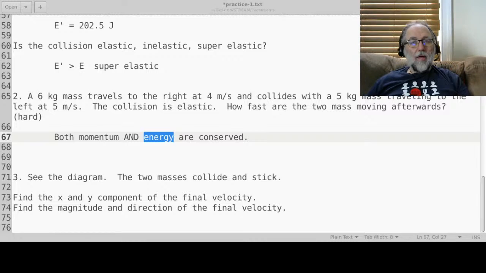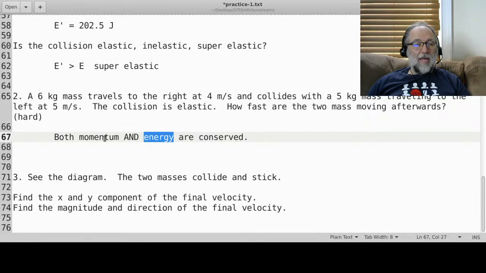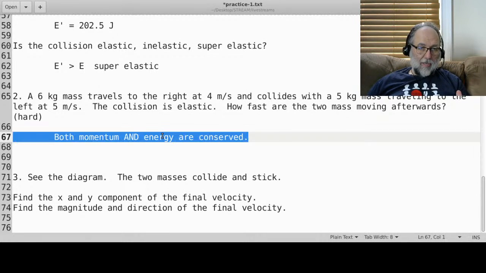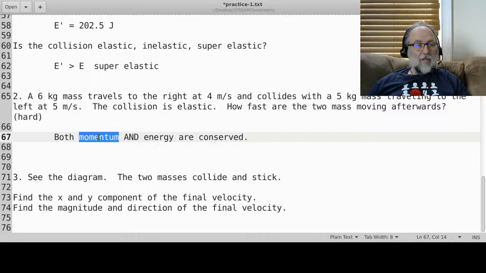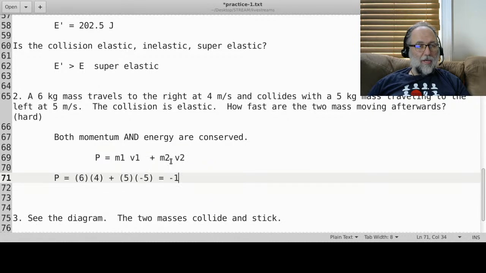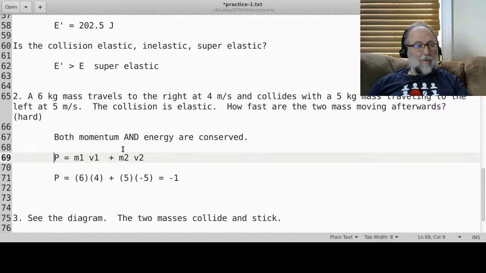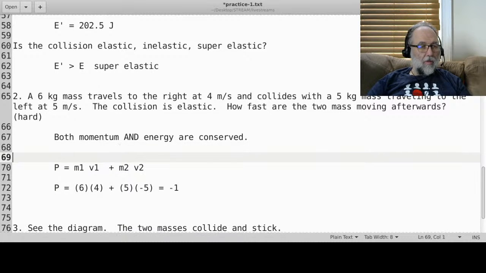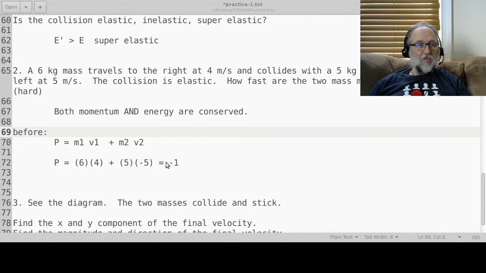Okay, so let's start off with momentum. You analyze momentum and energy separately, and then bring the two together. Let's start off with analyzing the momentum. It's basically a repeat of above. We have this for the momentum before, right here. So here's the before situation.